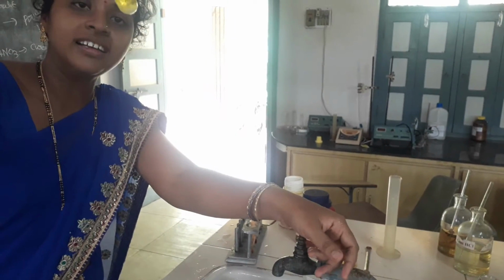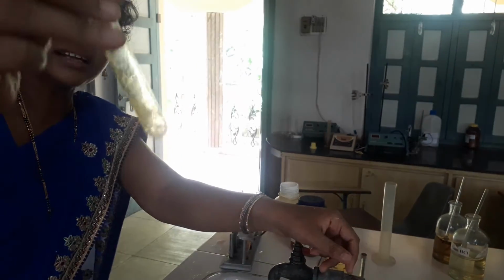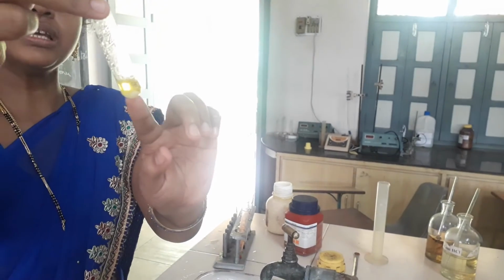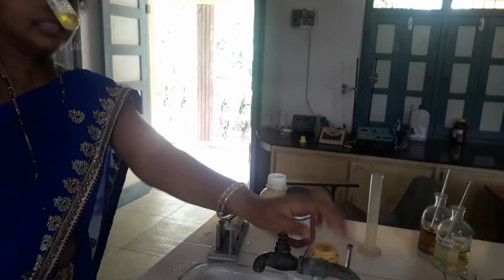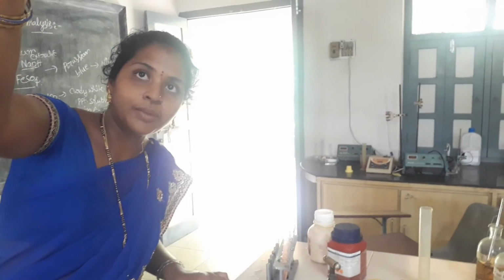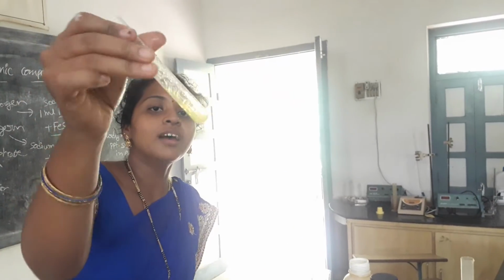We take the compound and add 2,4-DNP, and a white crystalline precipitate is formed. This white precipitate indicates the presence of ketone.